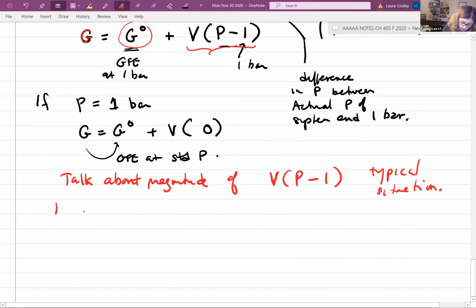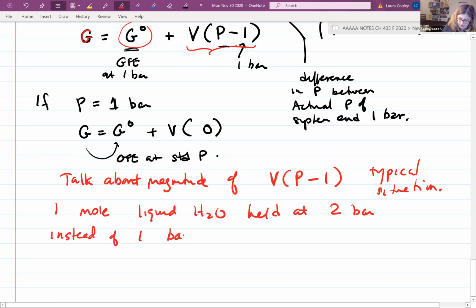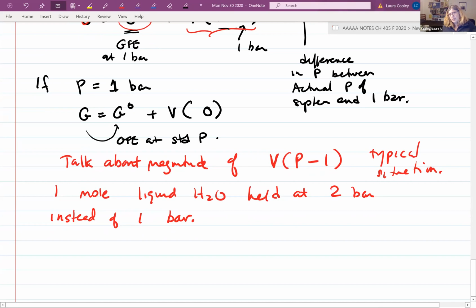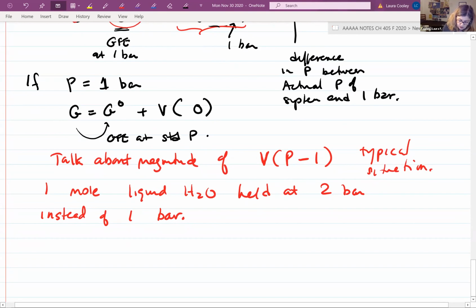So what if we have 1 mole of liquid water, and let's say that that 1 mole of liquid water is held at 2 bar instead of 1 bar? So it's not at atmospheric pressure, which is very close to 1 bar. It's at twice that pressure.